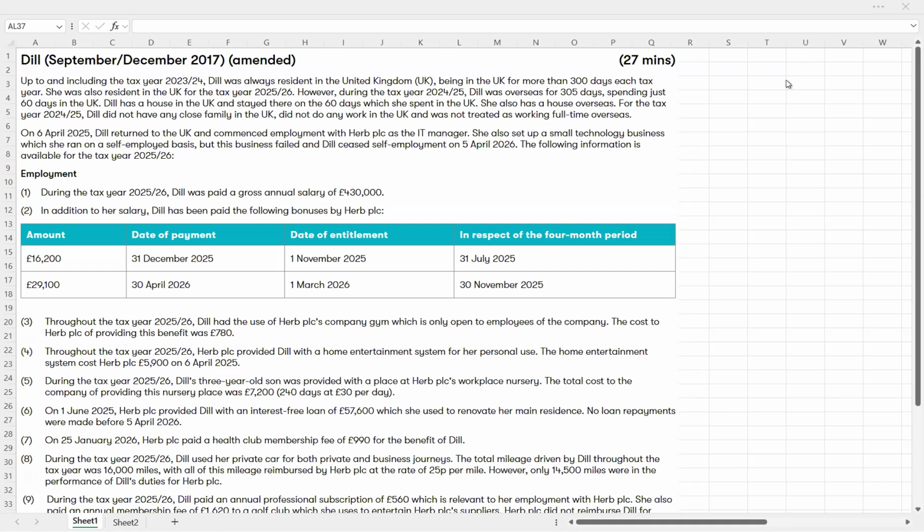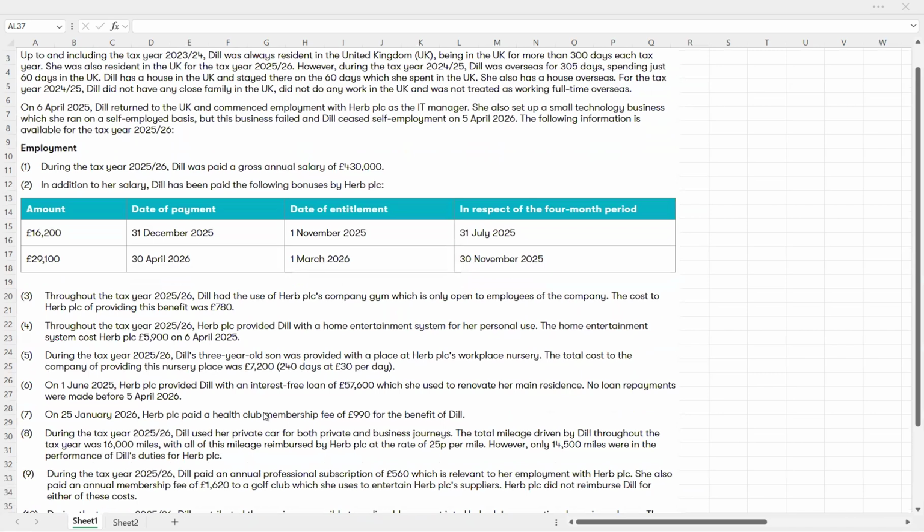It also has a lot of employment income, the bonuses, the other assets, the other facilities like the provision of gym, workplace nursery, and the loans.